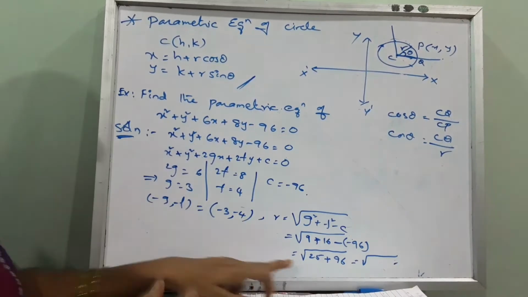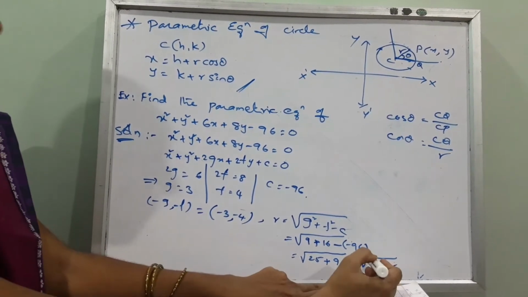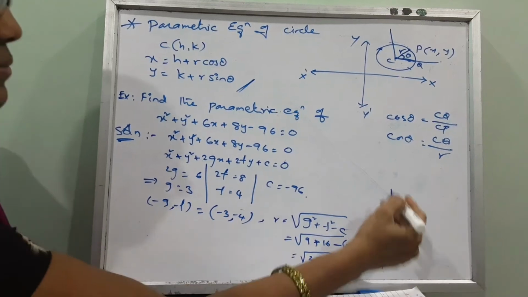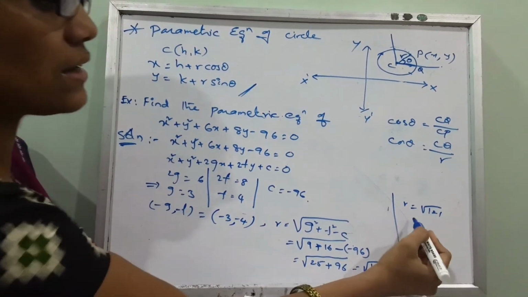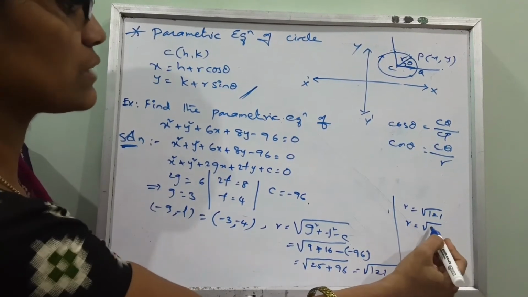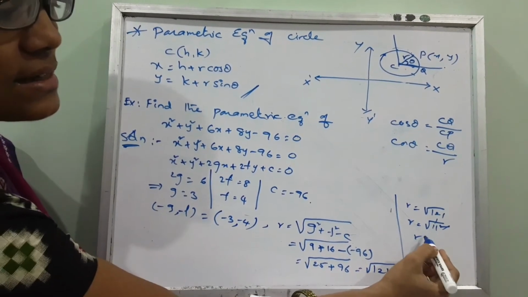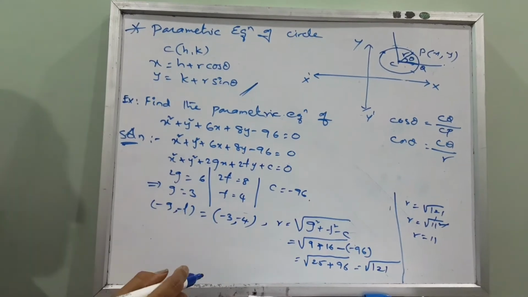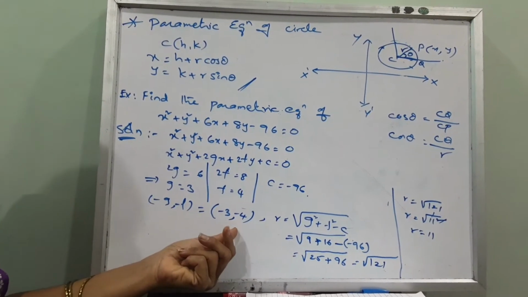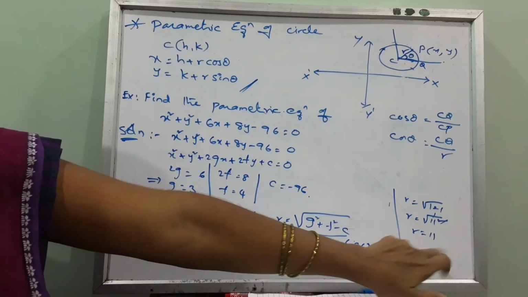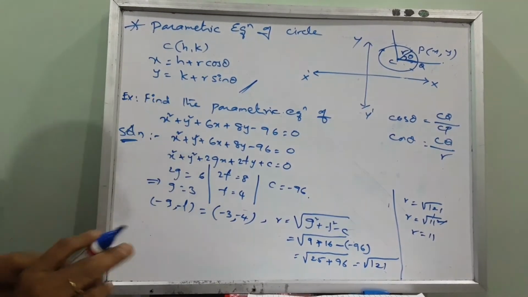How much is it? 25 plus 96 is 121. Therefore r is equal to root 121, which is 11. Therefore the center is (minus 3, minus 4) and the radius is 11.